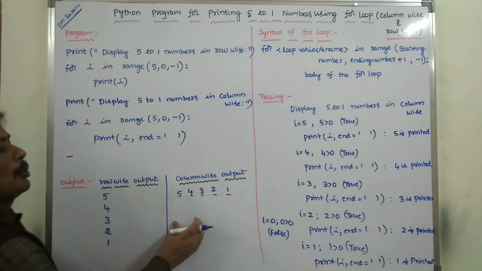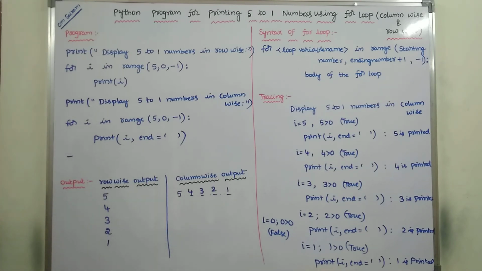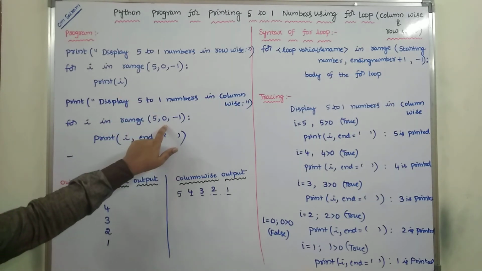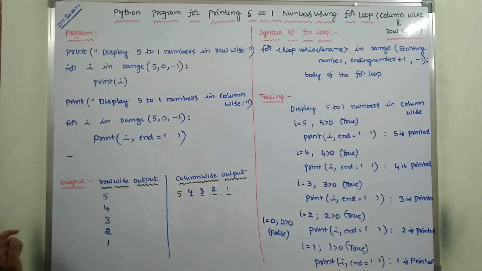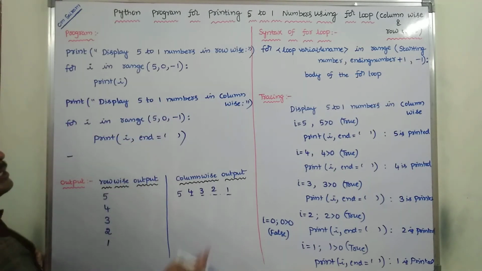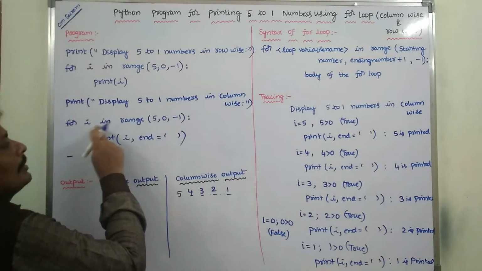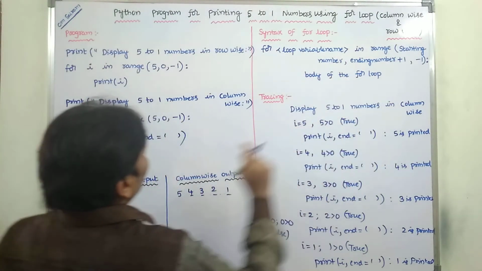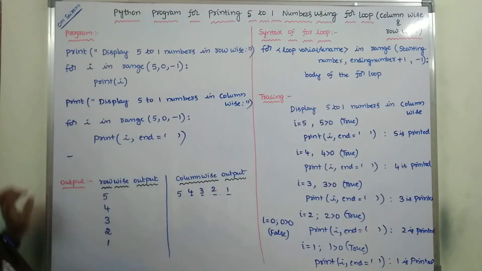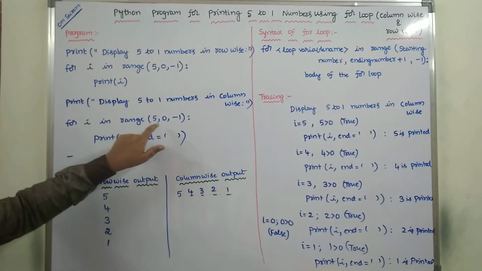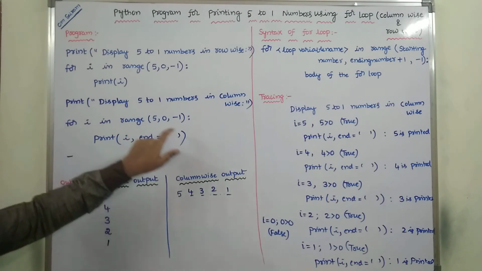This is the output. Here initialization, condition checking and decrementing the i value, 3 tasks are there in this for loop. First initialization, next condition checking, next decrementing. First initialization and condition checking are done.